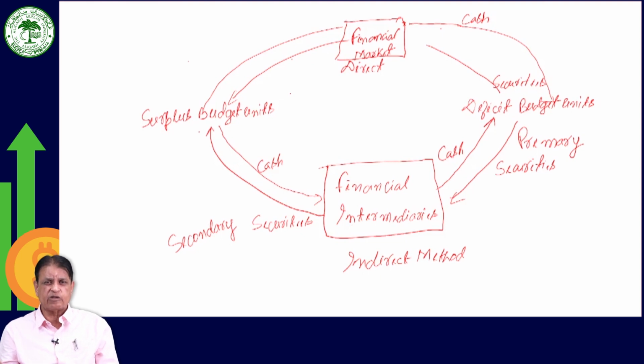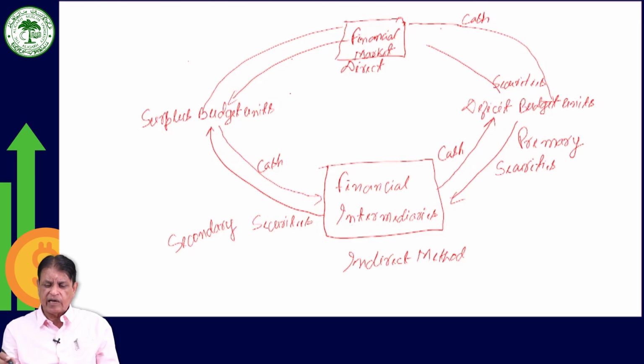This transformation of the primary securities, which are more risky, into secondary securities, which are less risky, is the essence of the financial intermediaries, and that explains why financial intermediaries exist.